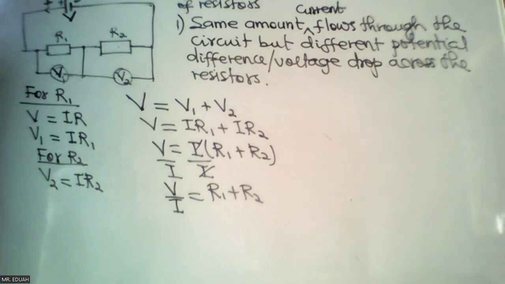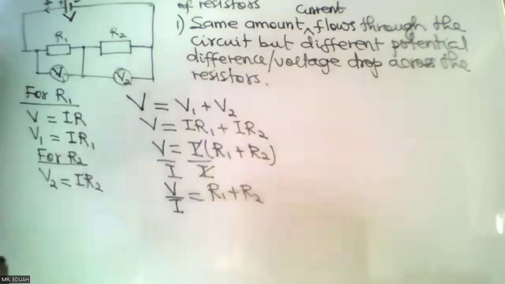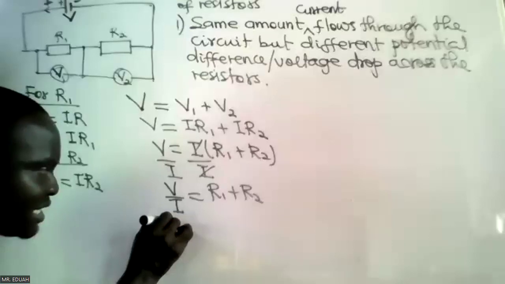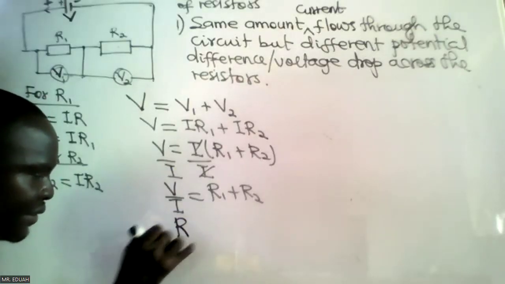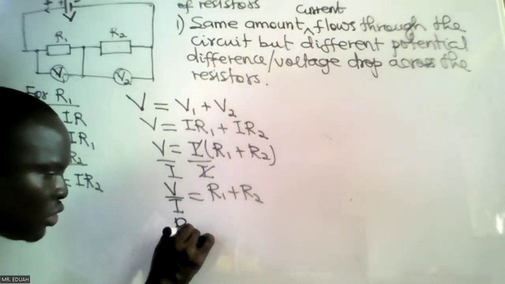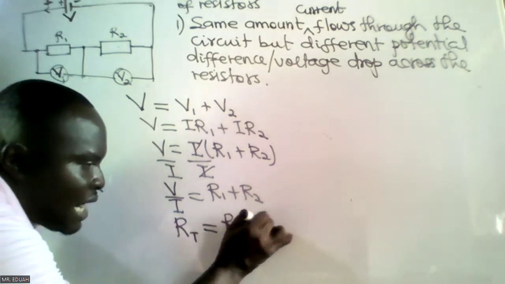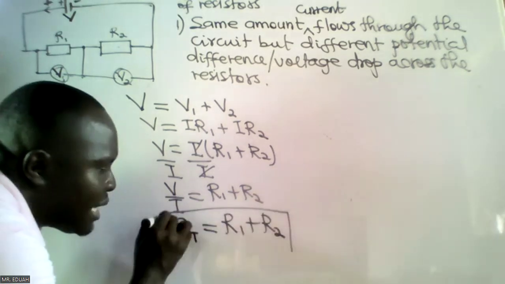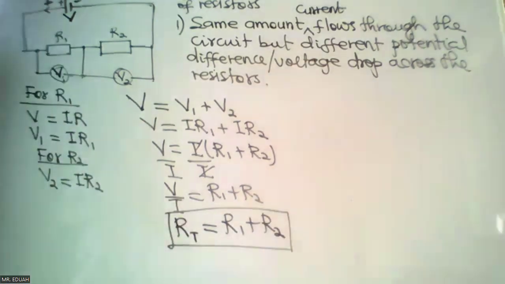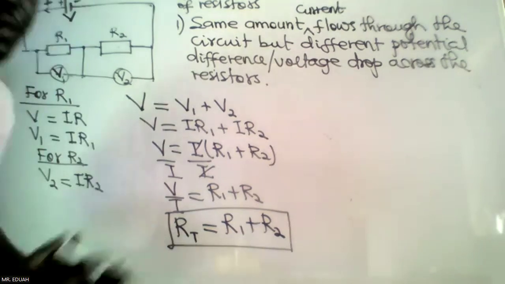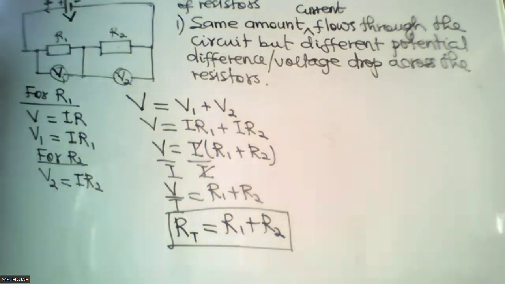R. Good. So since V on I is equal to R, this R is equal to the total resistance, R1 plus R2. So when resistors are connected in series, the total resistance is equal to the summation of all the resistances within the circuit.